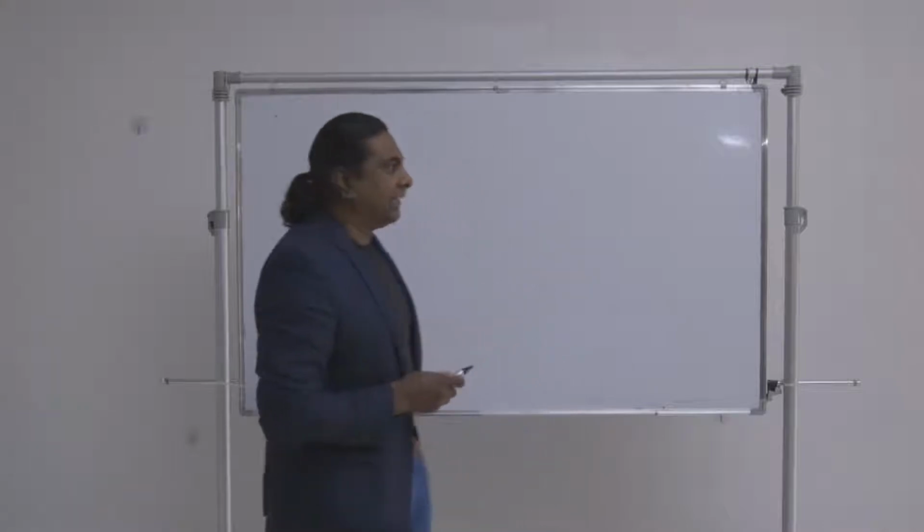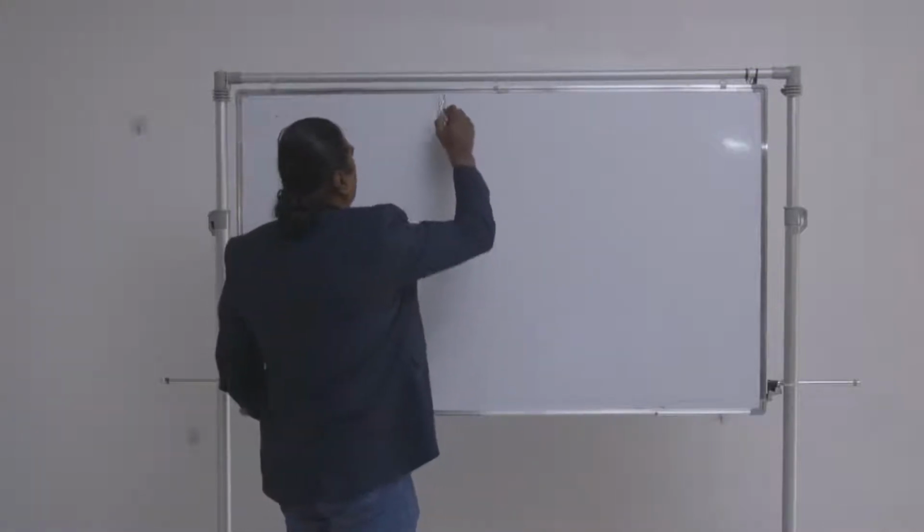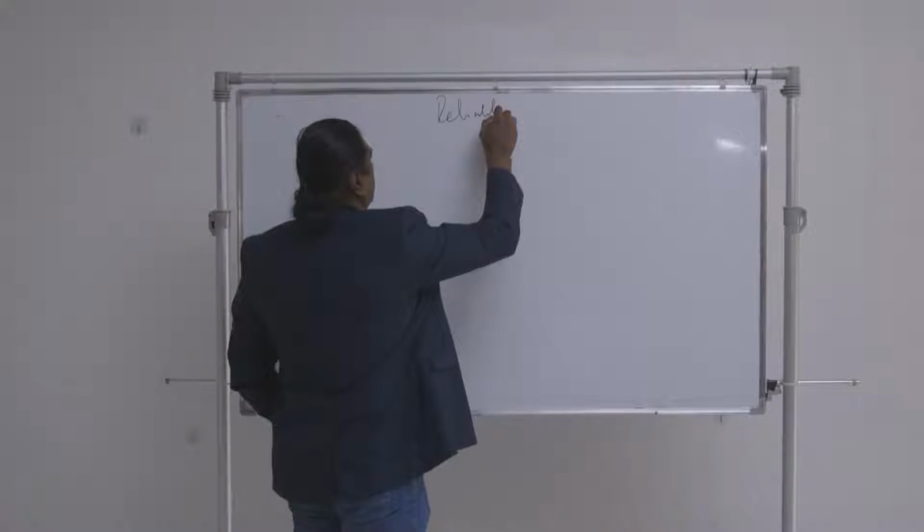Okay, so bear in mind that the module is about high reliability organizations. And what I said is you have to understand this concept of reliability before you actually move on. How did we define reliability?